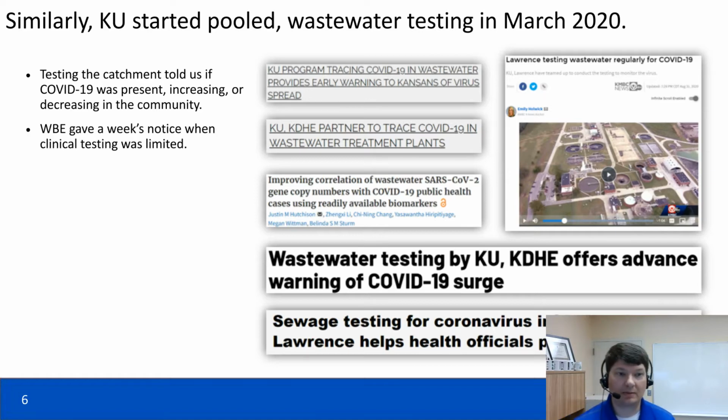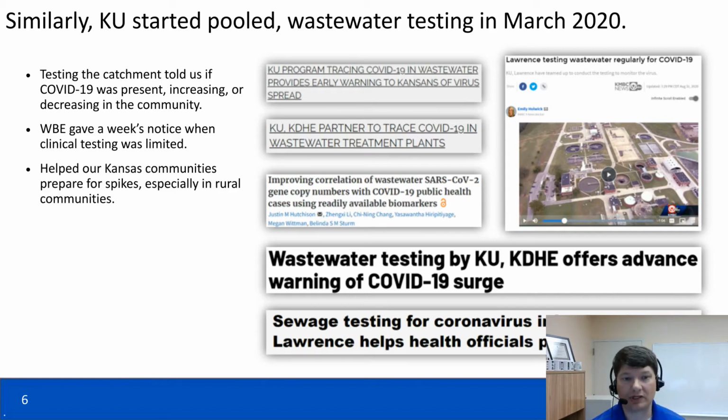The wastewater-based epidemiology, especially in the early stages of the pandemic, gave us a week's notice when clinical testing was limited. It helped our Kansas communities prepare for spikes, especially in our rural communities, where clinical testing was not very prevalent, and general health community resources may be more limited.